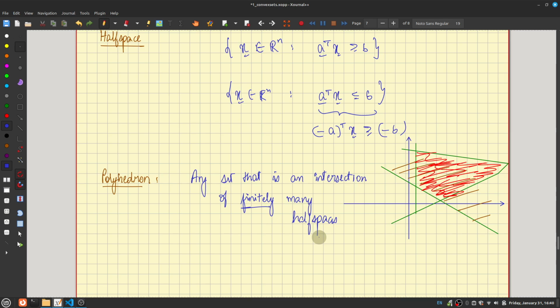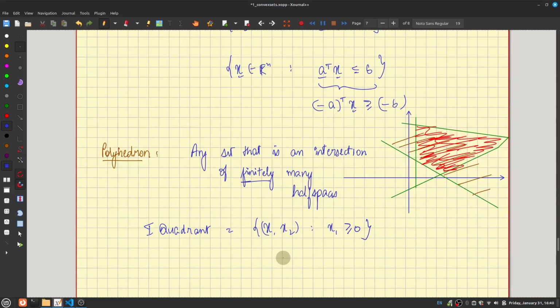That is a polyhedron because the first quadrant can be written as an intersection of the set of all (x1, x2) such that x1 is greater than or equal to 0. So this is one half space. And the set of all (x1, x2) such that x2 is greater than or equal to 0.